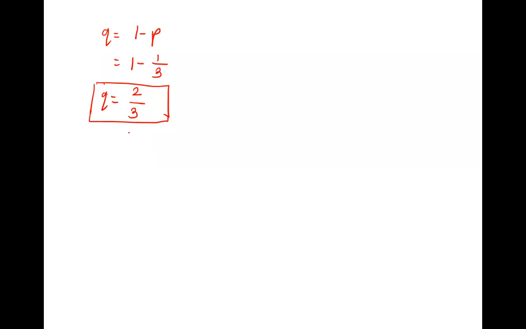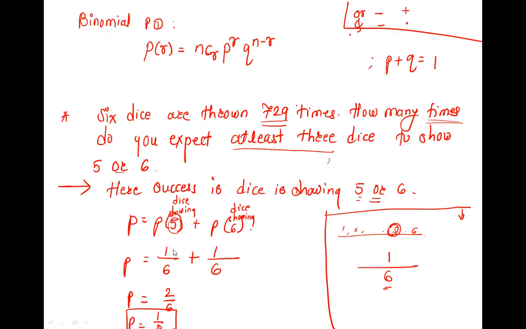Right. P is there, Q is there, and what is N? Just read and tell me N. 729? No. 6, here it is given. The probability we are writing is for one die, right?